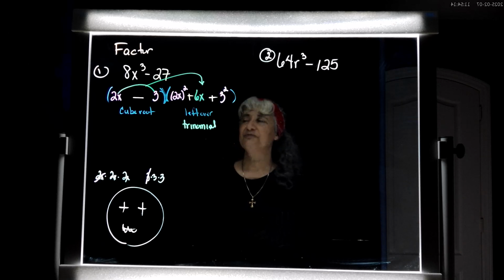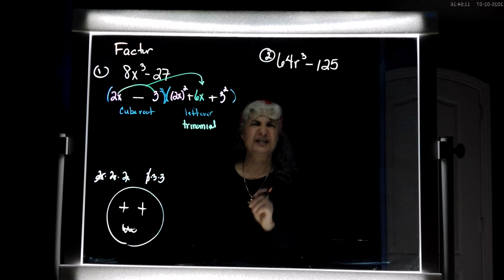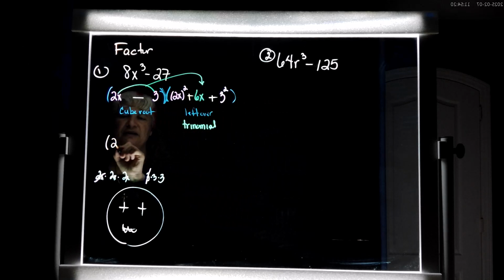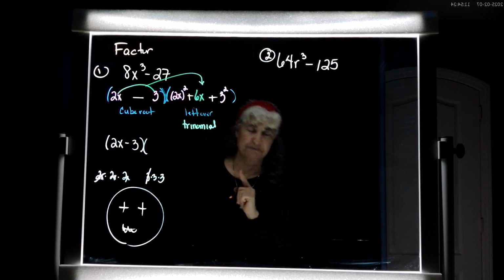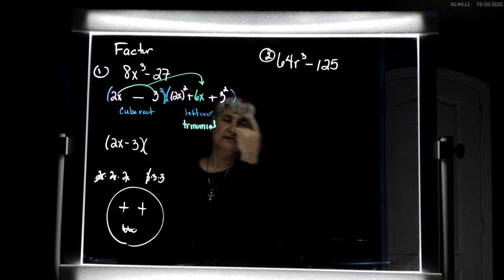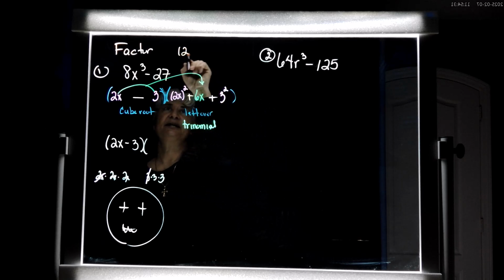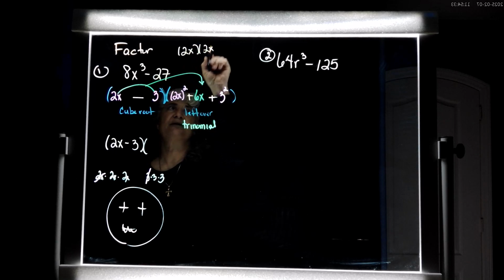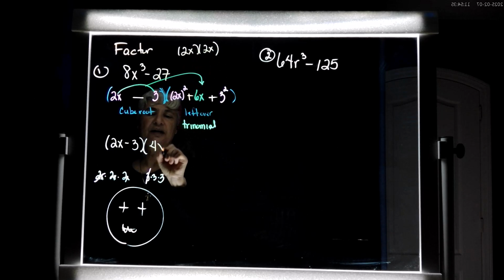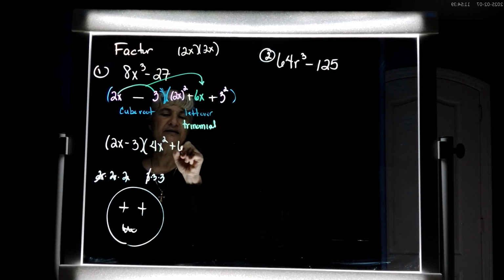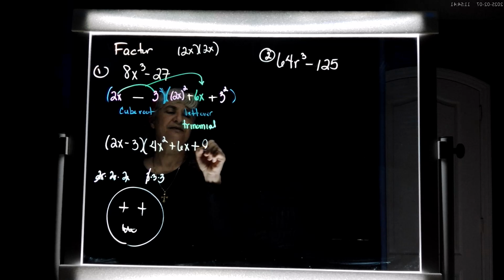Cool? All right. So let's clean these parentheses up. Let's see what they look like. The cubed root parenthesis is 2x minus 3. The leftover parenthesis says 2x, the whole thing is squared. And if you need to write it out, what's 2x times 2x? 4x squared. Excellent. Plus 6x plus 9.